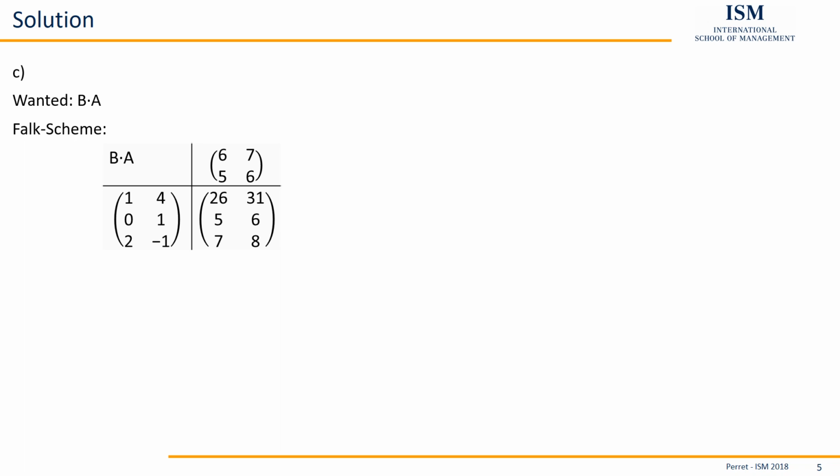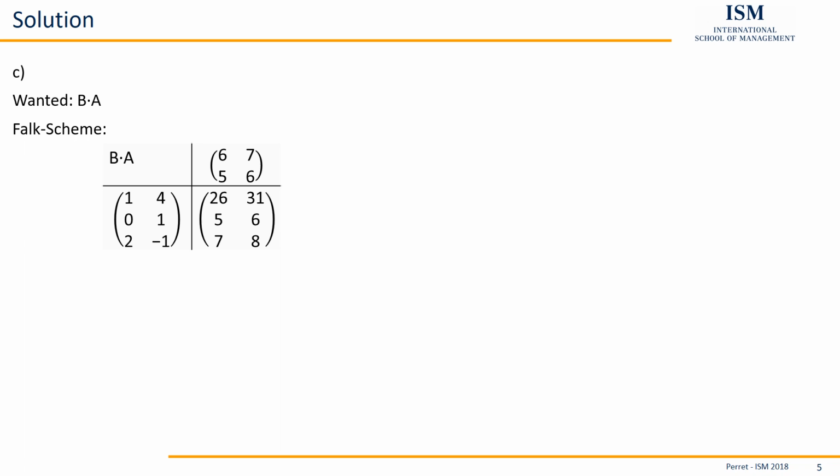So then we use the same mechanism as described before. So for the entry, first row, first column, we take the first row in the left, first column in the upper part, multiply the elements and add this up. So 1 times 6 plus 4 times 5, giving us 26.